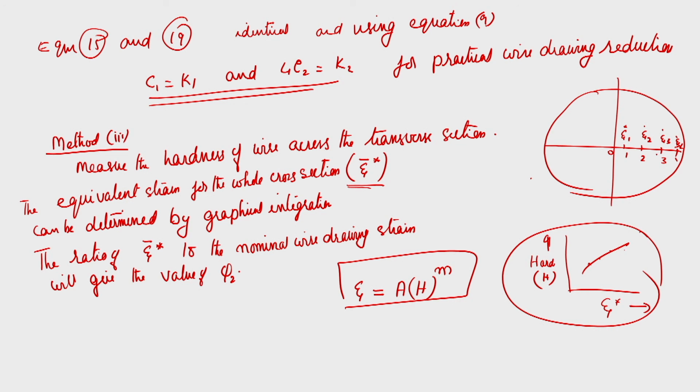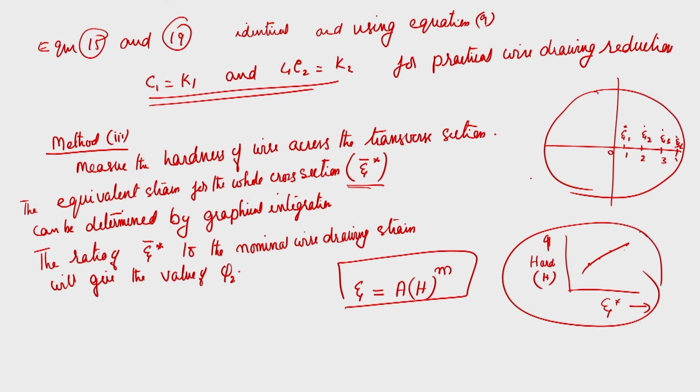You only need a master curve, which you develop first by conducting some experiments, and after that, for any value you can find out the equivalent strain. The ratio of epsilon bar star to your nominal strain will give you the value of phi 2. Once phi 2 is known, you look at whether B into E is large or small, and from that we can find out.